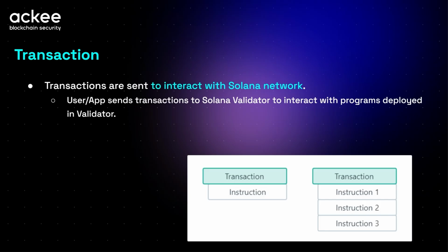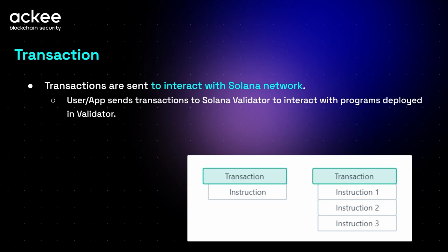So for example, if you have Phantom wallet and you are just a normal user of the wallet, what is happening under the hood is that Phantom actually creates the transaction, then creates the system program transfer instruction, adds it to the transaction, then you sign the transaction. But all of this happens under the hood. As a normal user of the Phantom wallet, you just click on send, or before that you enter the desired amount that you would like to send. Then you sign the transaction, and the lamports are sent, or the SOL is sent.